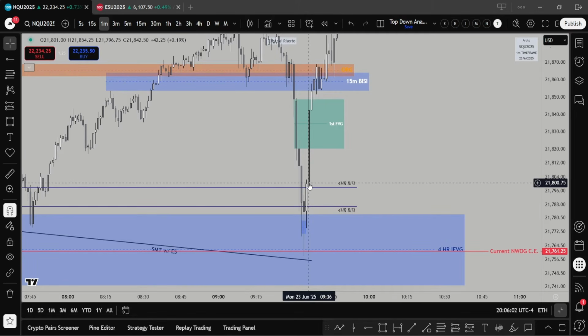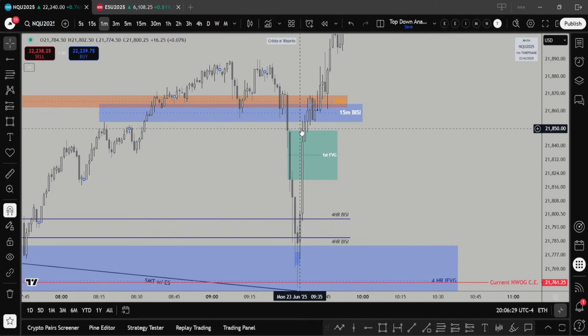What I'm expecting is for price to just have a very small wick down and then expand higher. That volume imbalance in there is showing me personally that the market is strong if we don't close bearish on it. So price opens up, it wicks down, which is filling in that volume imbalance, which overlaps with that 4-hour BISI high. Boom, and it's off to the races.